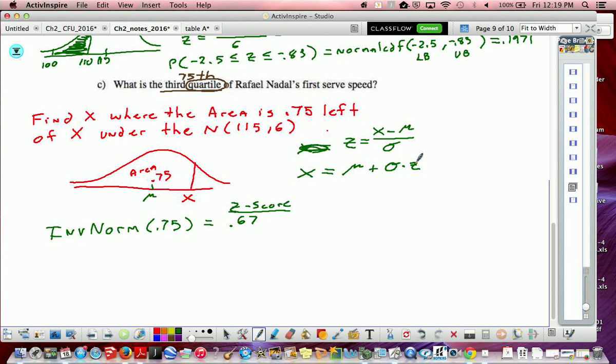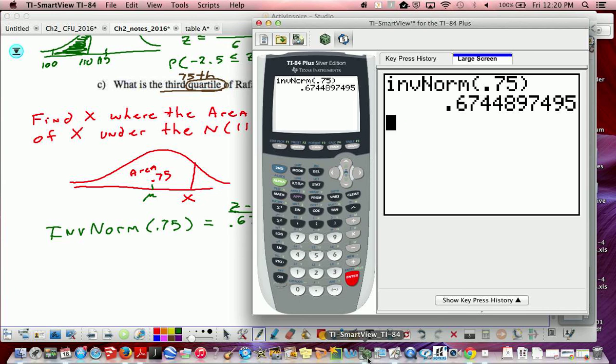The z-score tells you how many standard deviations you are away, so you multiply by the standard deviation to get X. So in our case, X would equal 115 plus 6 times 0.67. So I believe X ends up being about 119.